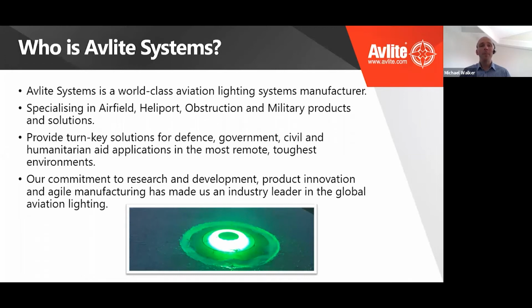And the focus for our business is really about providing those turnkey solutions, whether it be civil, government, defence, humanitarian aid applications, etc. That's where we focus our energies. And one of the things that really sets us apart is that commitment to research and development and agile manufacturing, which today makes us one of our industry's leaders, which we're proud to be.